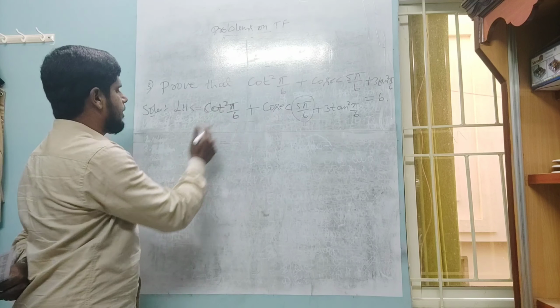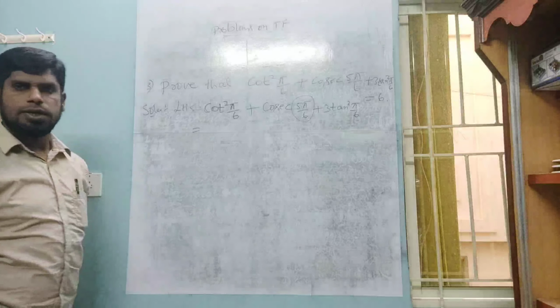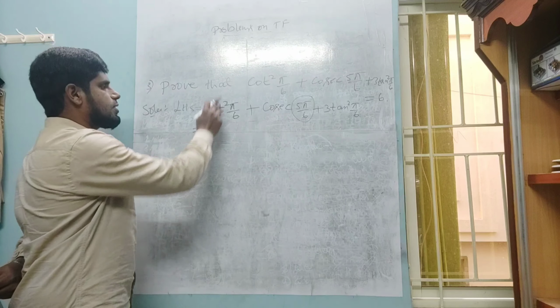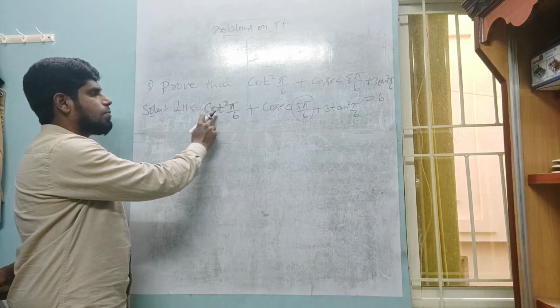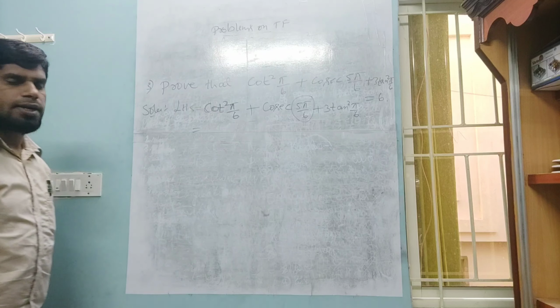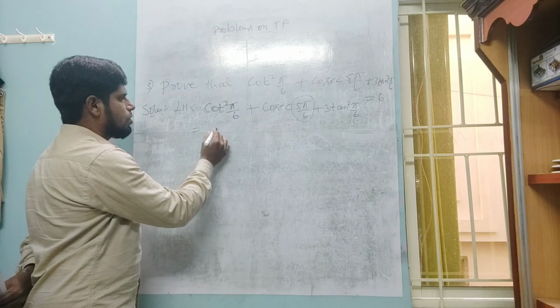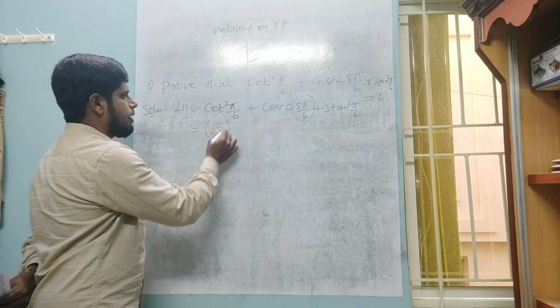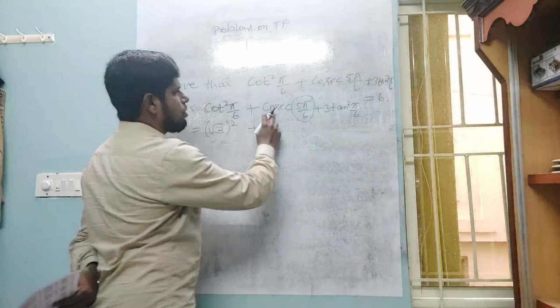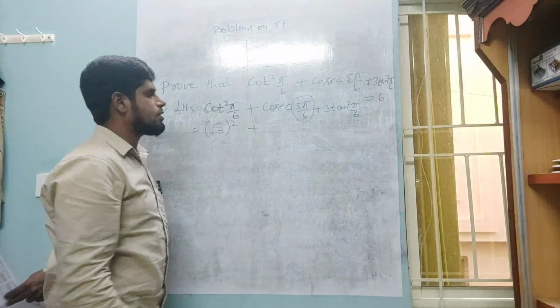Now cot 30 degrees. If you don't know it, we can convert it to its reciprocal. That is, the reciprocal of cot is tan. Tan 30 degrees is 1 by root 3. So cot 30 degrees is root 3, and it has a square, plus cosecant 5 pi by 6.